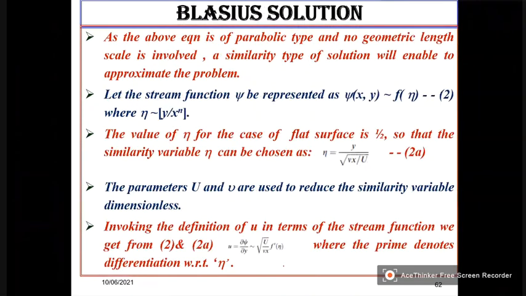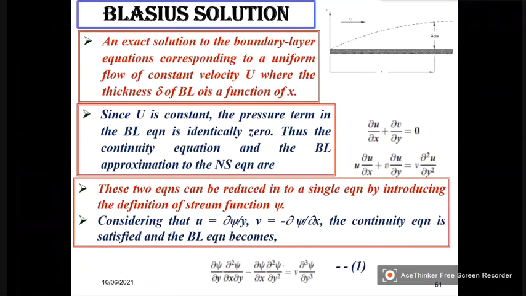Now, as the above equation is of parabolic type, see, this is square and this is cube.